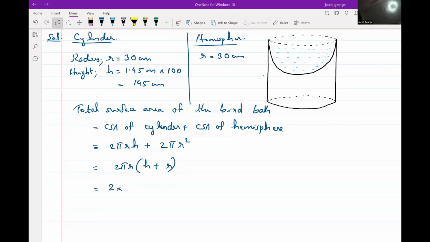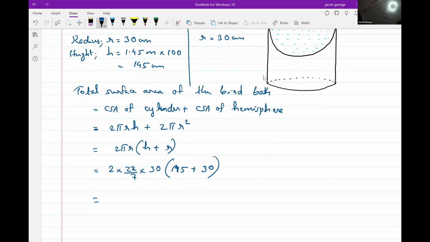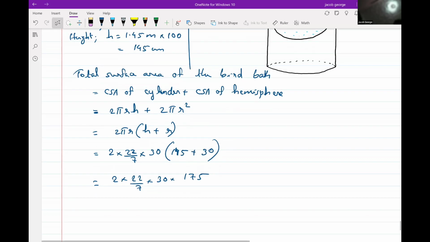So 2 into 22 by 7 into radius, radius is 30, into 145 plus 30. 145 plus 30, simplify. So 2 into 22 by 7 into 30 into 175. 7 and 175 we can cancel.